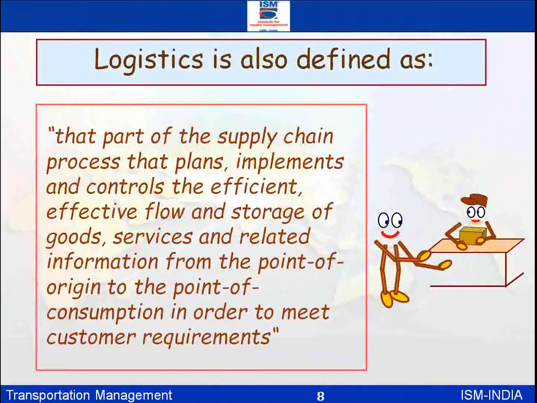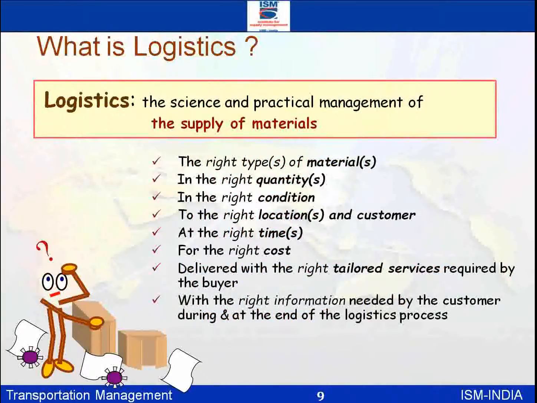That means if I'm in charge of logistics, I'm not only taking care of movement, I'm also taking care of warehousing, inventory management, customs clearances, export, import, whatever comes up. I'm looking at the complete chain. So logistics is a bigger game, while transportation is a very critical and important part of it.